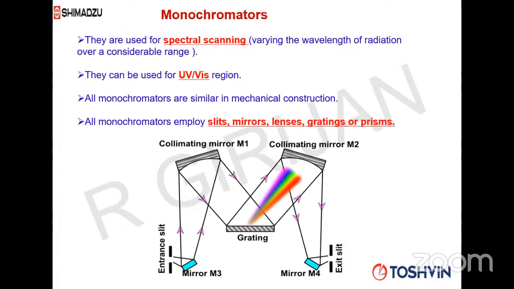And what is a grating monochromator? A grating monochromator is nothing but a glass plate over which a thin film of aluminum is coated. It is done by vacuum coating. A thin uniform layer of aluminum is vacuum coated. Then on this surface, we are going to cut lines.